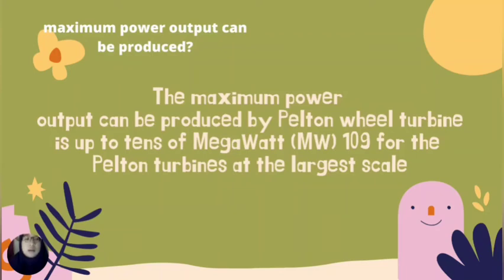If the size is bigger, it will produce more maximum output, up to tens of megawatts, that is 10 times 10 to the power of 9, in Pelton wheels that operate on a larger scale.